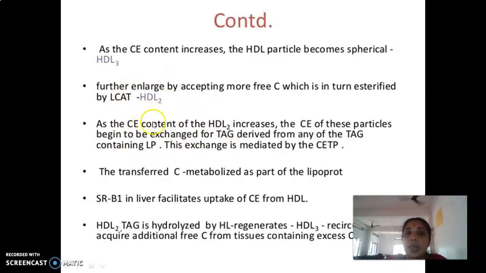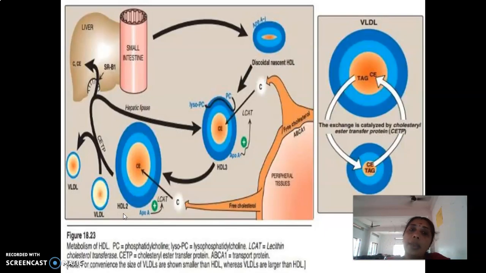Now, as the cholesterol ester content of the HDL2 increases, the cholesterol esters begin to be exchanged for TG by the other lipoproteins. So this is known as the HDL2, and they are finally delivered to the liver with the help of scavenger receptor B1. Okay, and the HDL molecule will be coming out.